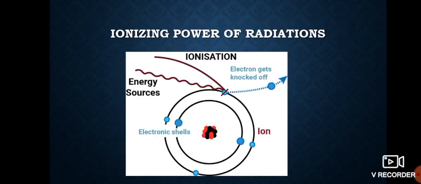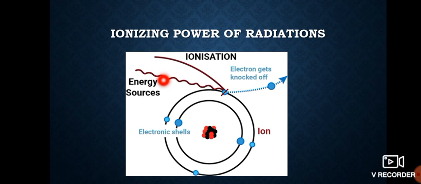The last diagram we want to look at is the ionizing power of radiations. I already explained what it means if we say a radiation is ionizing or ionizing radiation. It is the ability of a radiation to remove an electron from atoms so that the atoms can be converted to ions. So on your screen you have an atom, I have an electron, and then I have an energy source.